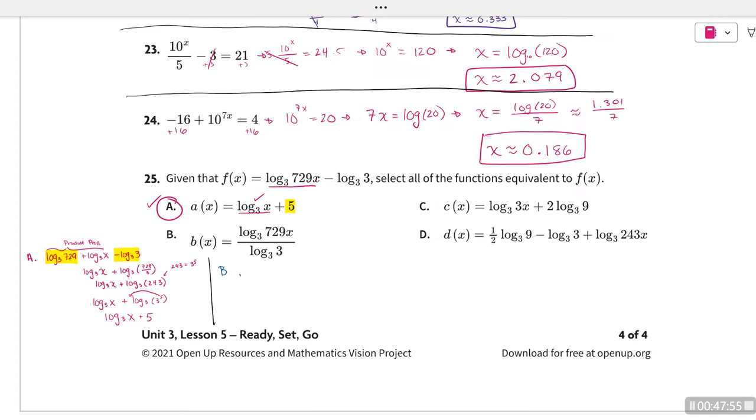I could do log base 3 of 729x divided by 3, but I certainly can't do log base 3 of 729x divided by log base 3 of x. So no, not equivalent.